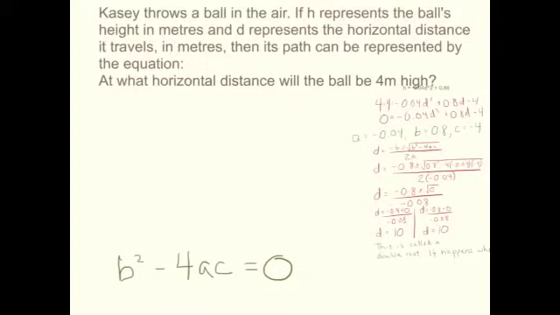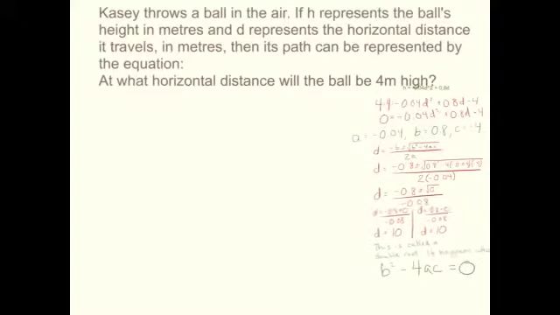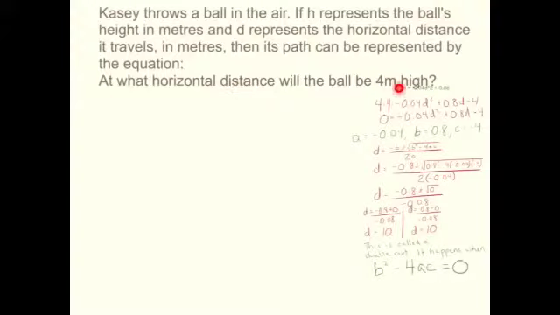We'll just finish up the answer, because the question here was in a sentence, so the answer should also be in a sentence. If we look back, the question was, at what horizontal distance will it be 4 meters high? And the answer is 10 meters.